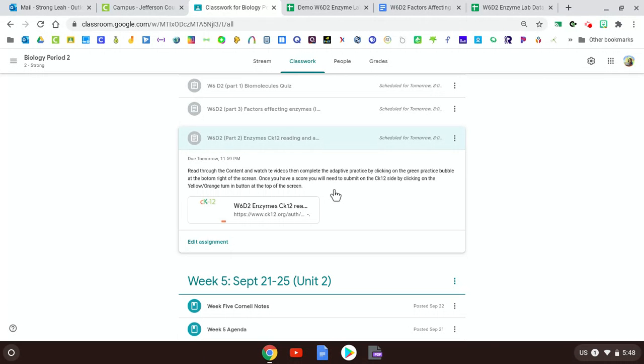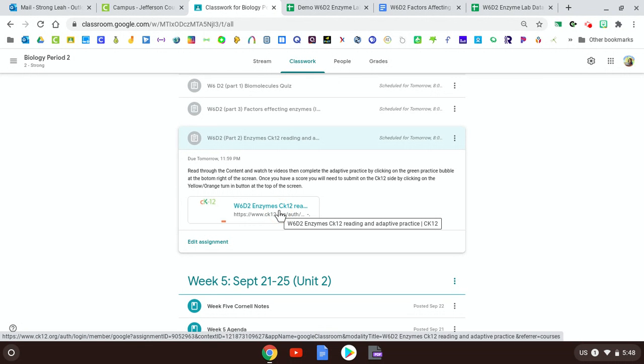Shouldn't take you much longer, is a reading on CK12 about enzymes. Don't forget, at the top of the CK12 page, after you've done your practice problems, there will be a yellow or an orange, depending on the color scheme of your screen, button that says turn in. If you don't submit that, you won't have a grade for your CK.